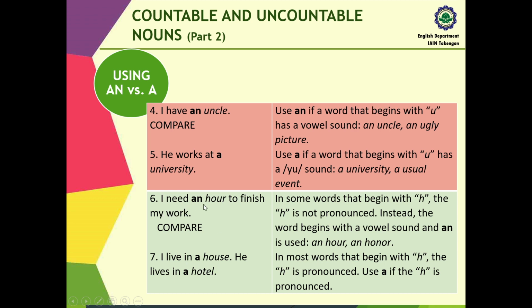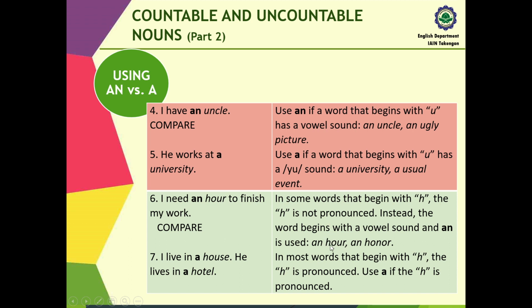Okay, I need an hour to finish my work. Here, I live in a house, he lives in a hotel. In some words that begin with H, the H is not pronounced. Instead, the word begins with a vowel sound and an is used. So when we have this word, H-O-U-R, actually the first letter is a consonant.